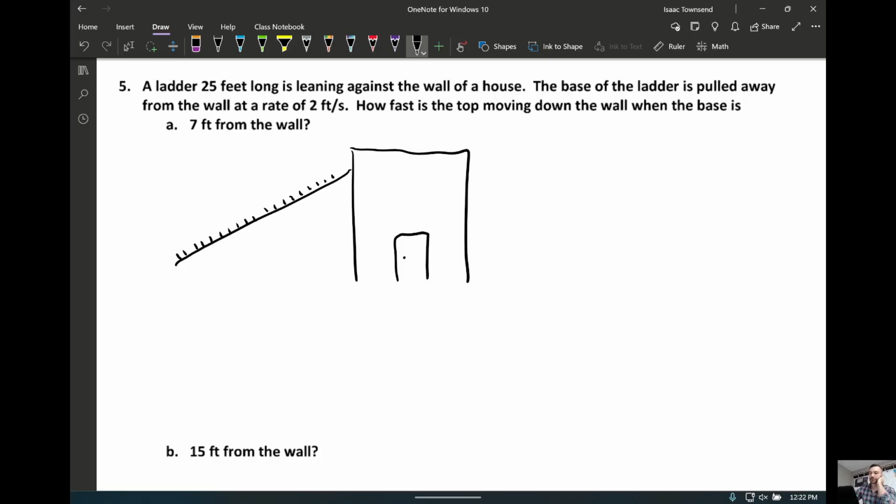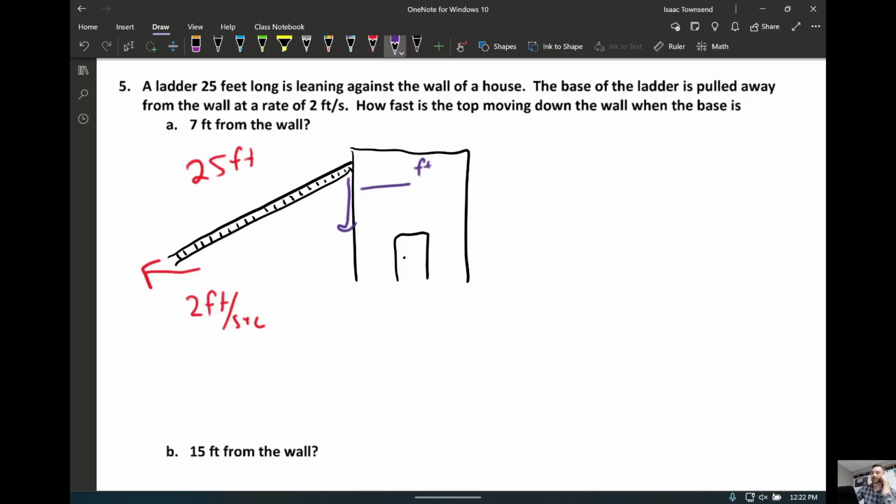Okay, I'm sure my picture is better, but okay. We have a ladder. It is 25 feet long. The ladder is being pulled away from the wall at a rate of 2 feet per second. I want to know how fast it is moving down.